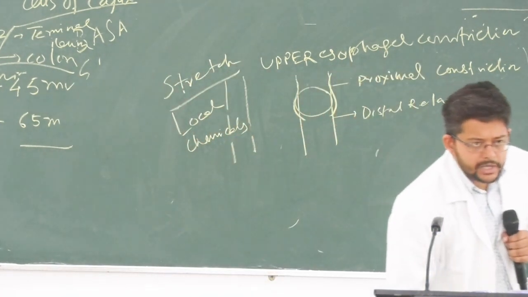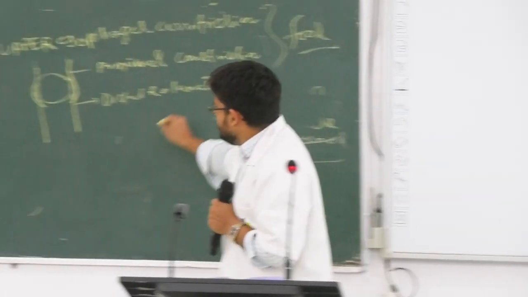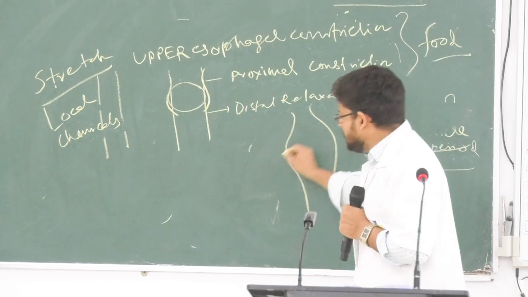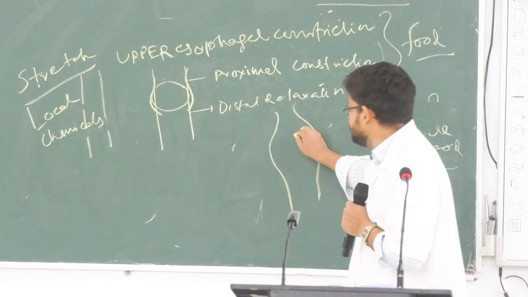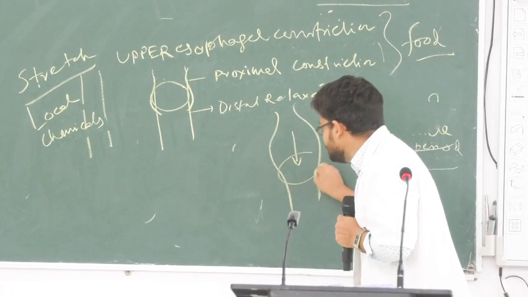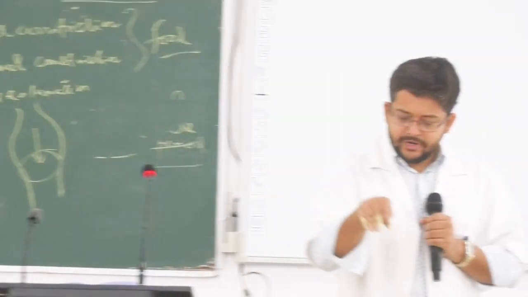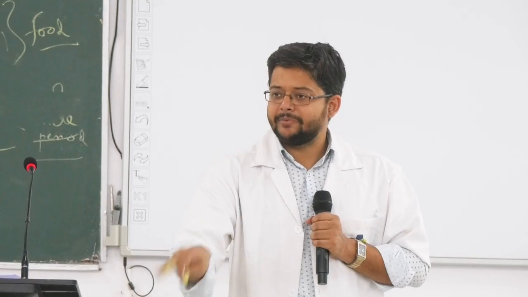এই ঘটনাটা যদি হয় যে proximal constriction, distal relaxation, so what will happen? Esophagus will look like this. And the moment distal relaxation is happening, food is propelling further down. Food যখন second positionটায় গেল, in further down position, again there is proximal constriction and distal relaxation.